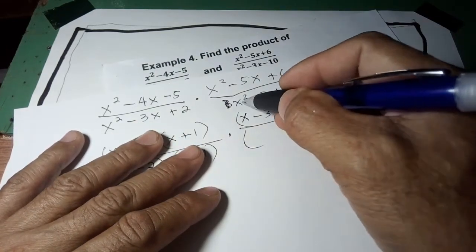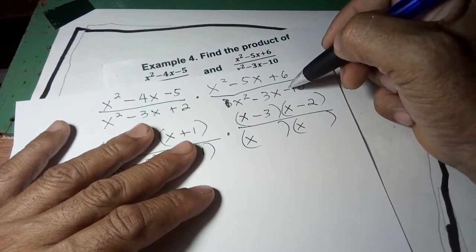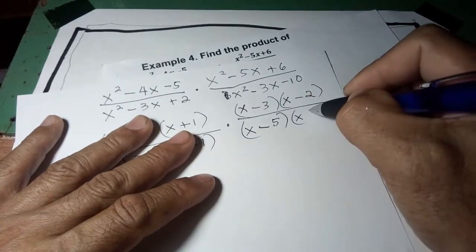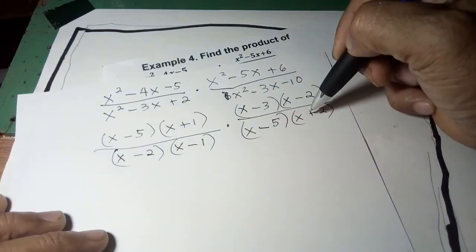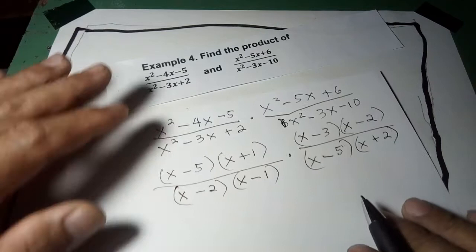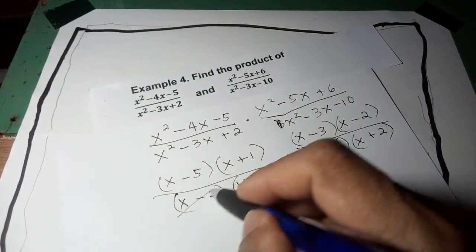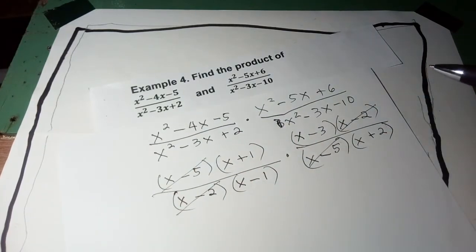The denominator x squared is x times x. Negative 10 is the result of multiplying negative 5 and positive 2. So that when we multiply these two binomials, we get the middle term negative 3x. After that, cancel out common factors. We have x minus 2 and x minus 2, x minus 5 and x minus 5.